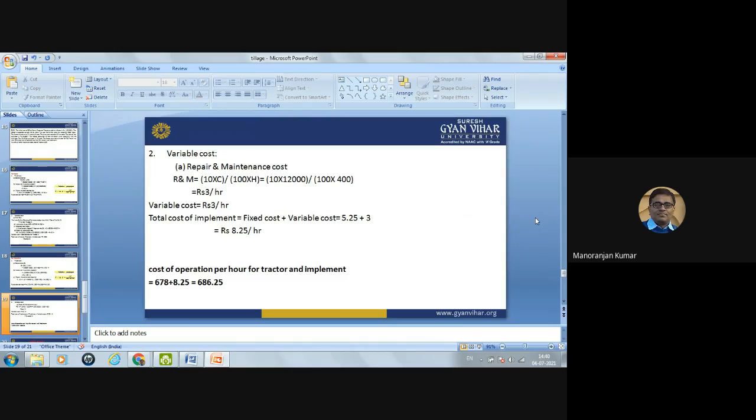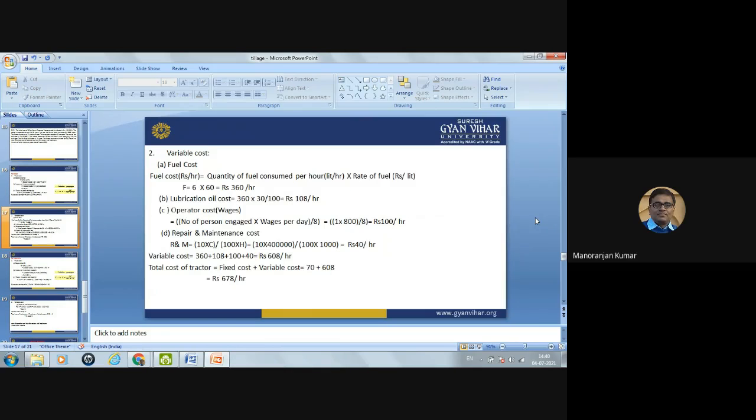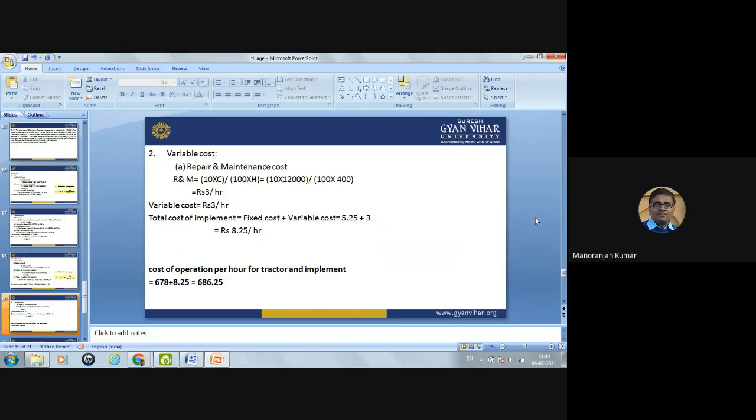And the fourth parameter is operator cost. That is the same as for the tractor because the implement is always attached to the tractor. So no separate operator is required. So operator cost will be zero.